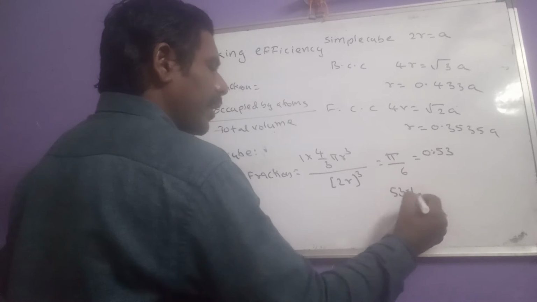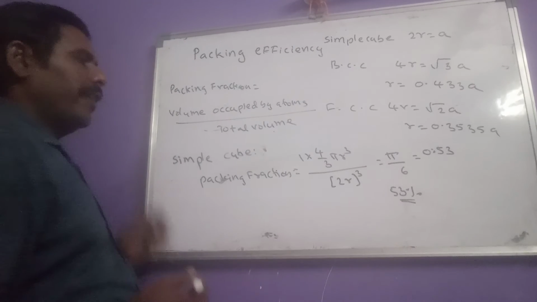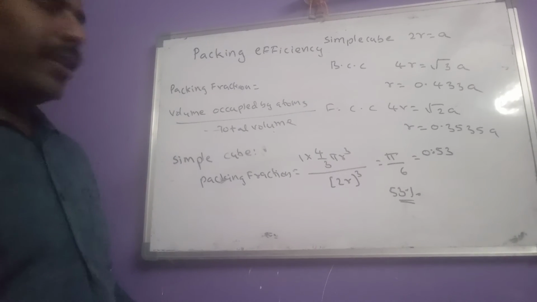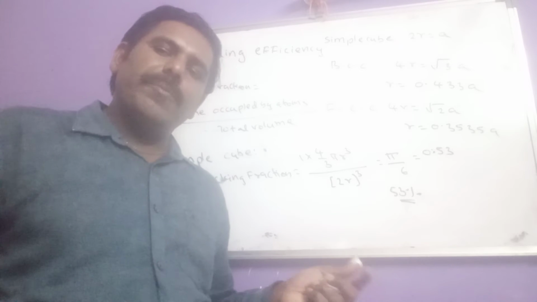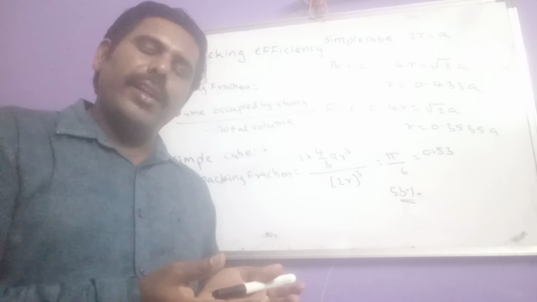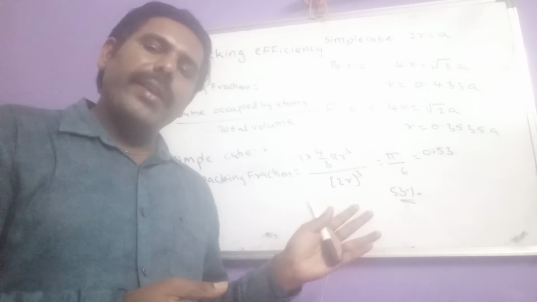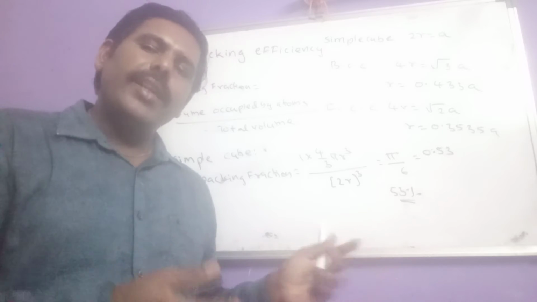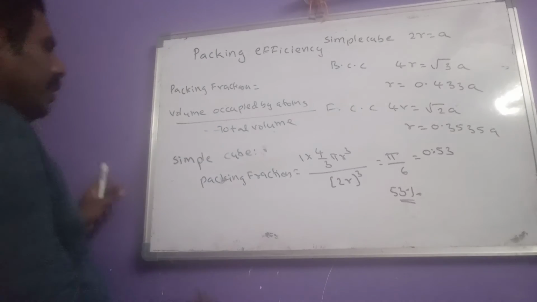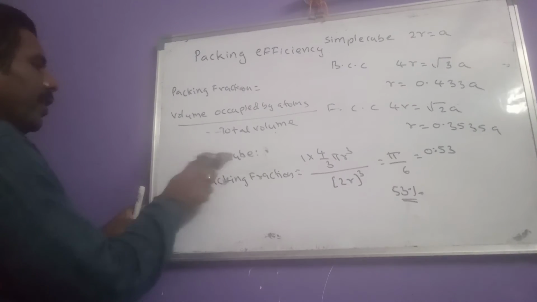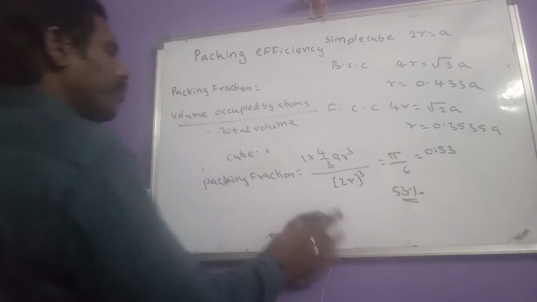That means packing percentage is 53%. So in a simple cube, 53% of the space is occupied by the atoms, and the remaining 47% is vacant space.